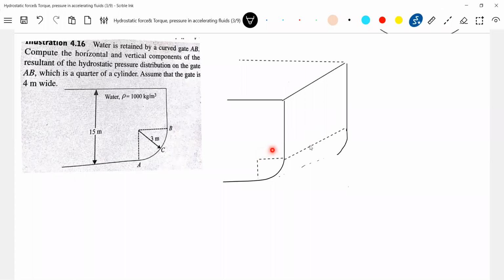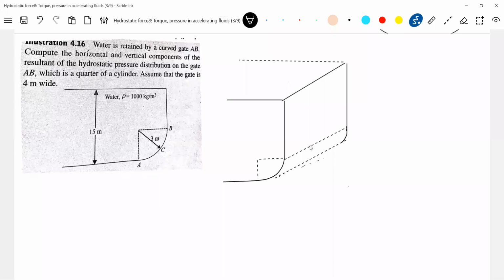Okay, this should not be there. Try to see this. Inside, everywhere on the left side, there will be liquid. It is asking to compute the horizontal and vertical components of the resultant of the hydrostatic pressure distribution on the gate AB.